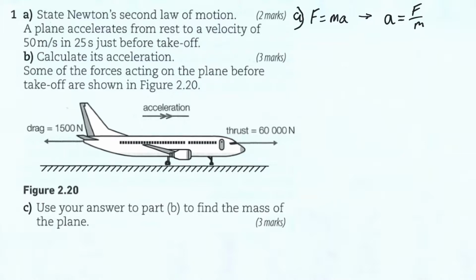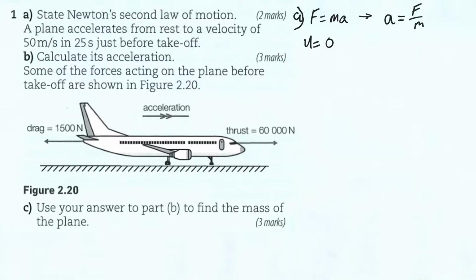A plane accelerates from rest to a velocity of 50 meters per second in 25 seconds just before takeoff. Calculate its acceleration. So first thing to notice is that none of these things is a force or a mass, so this is not the equation we can use, a equals F over m. But we do know rest, initial velocity, we do know a final velocity, and we do know how long that took.